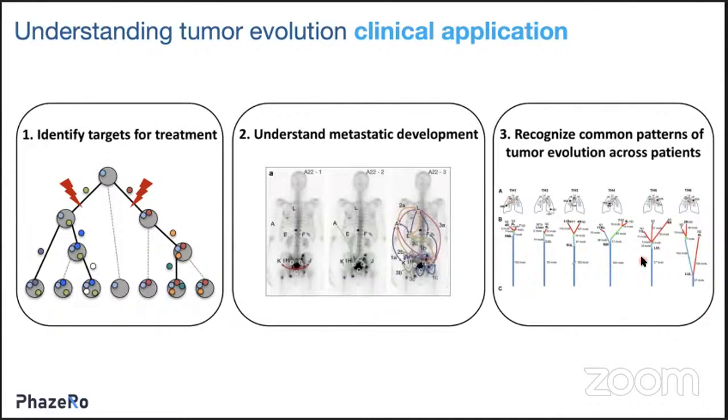Hello, I have a question. Thank you very much for your presentation. I guess we all have understood how genome sequencing can be helpful and informative for designing customized drugs for a person with cancer.